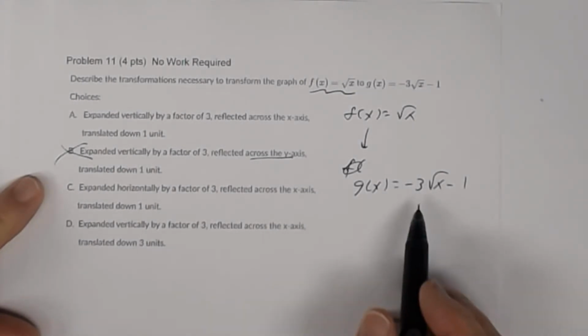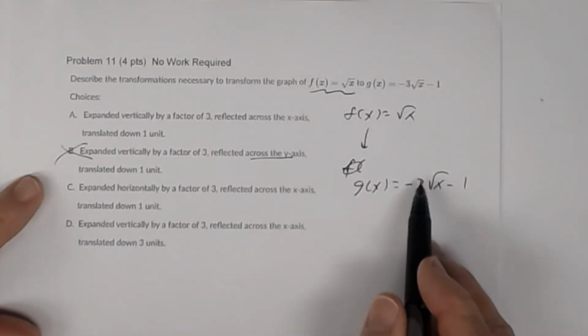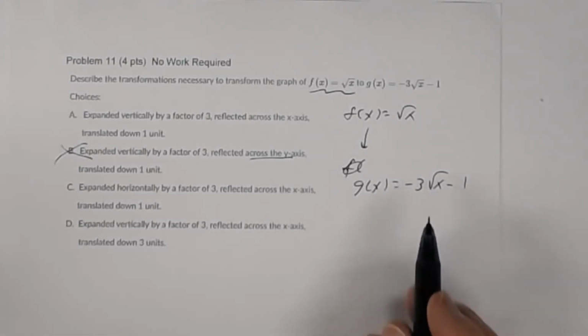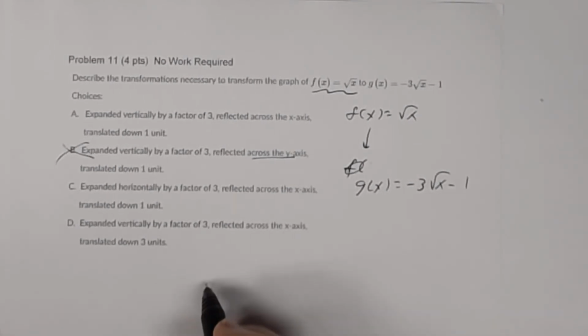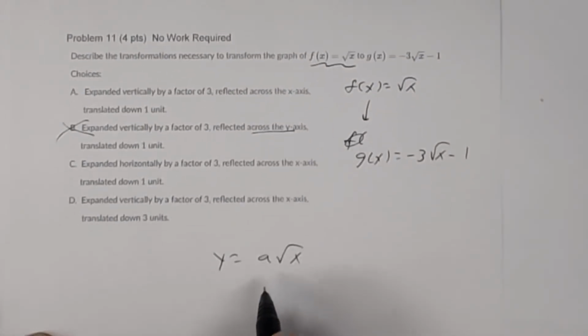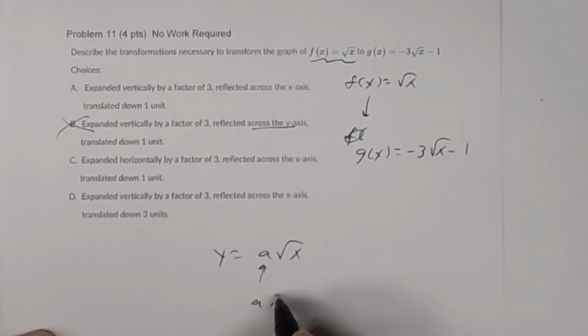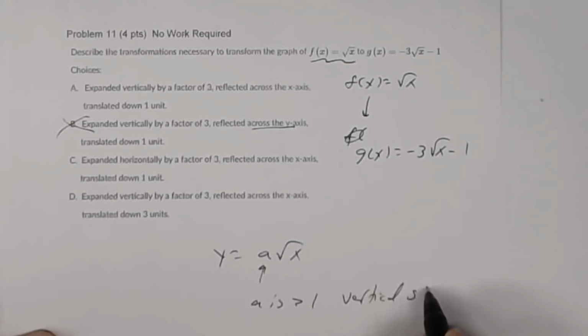So we have that. Then the 3 right here. So we're multiplying by 3. So remember when you multiply by 3, so let me go ahead and remind you about this. So let's just say we had a square root of x. So remember, if a is greater than 1, that is a vertical stretch, okay?